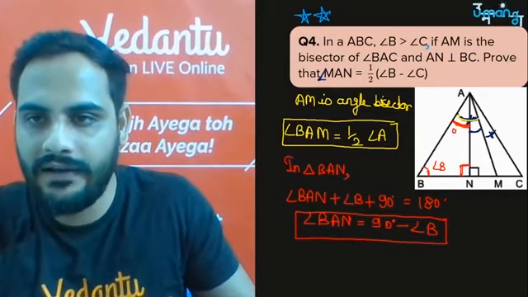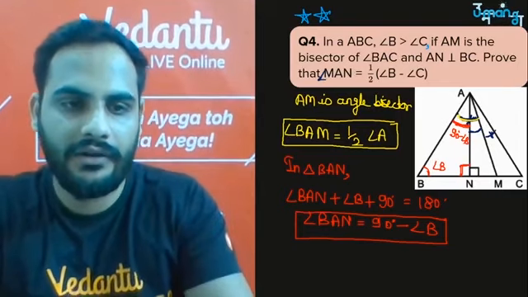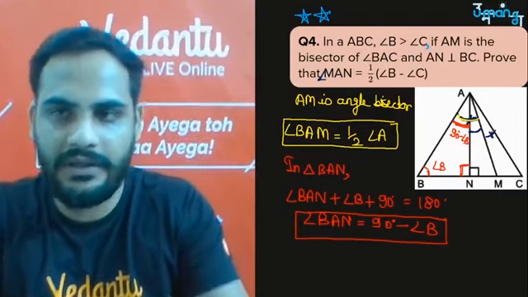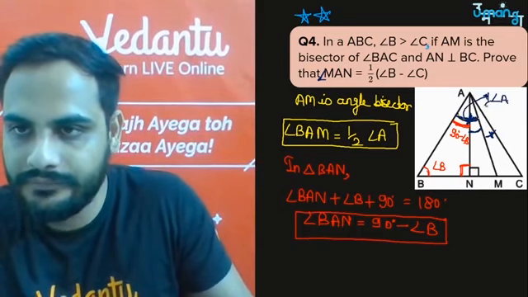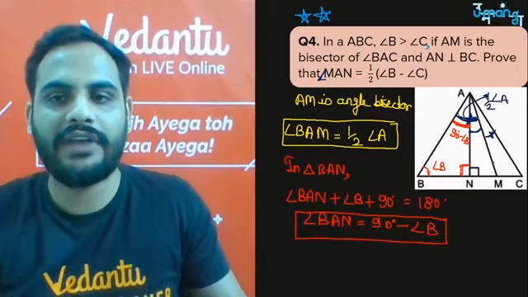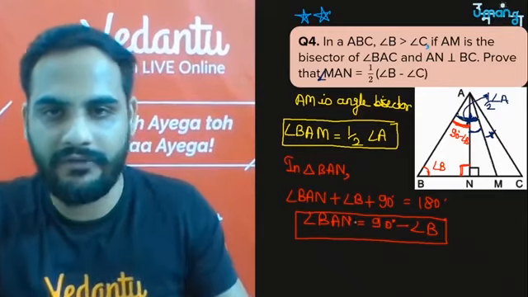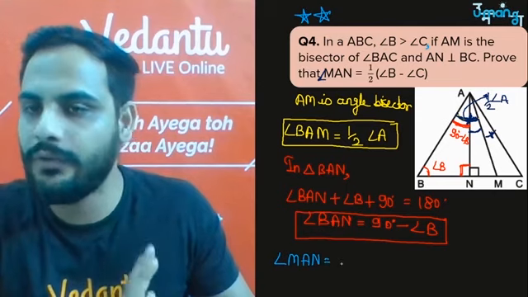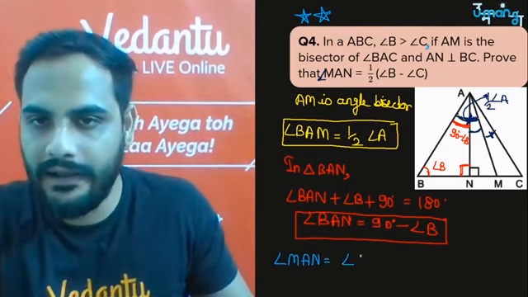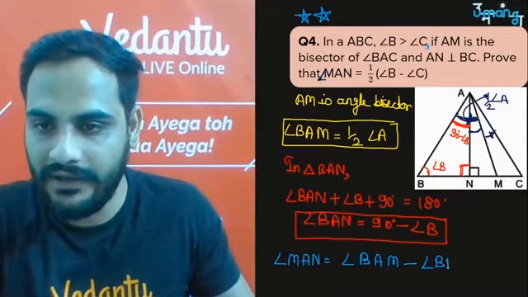So this angle is 90 minus angle B, and your angle BAM, this complete angle, you have got as half of angle A. So if I subtract both, I will get my answer. Come on, let's see how subtracting them will work. So I can say angle MAN is equal to angle BAM minus angle BAN.